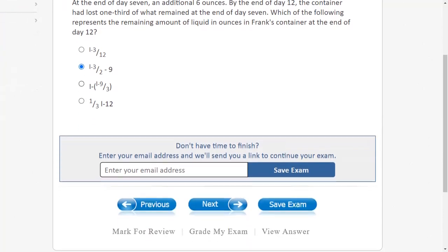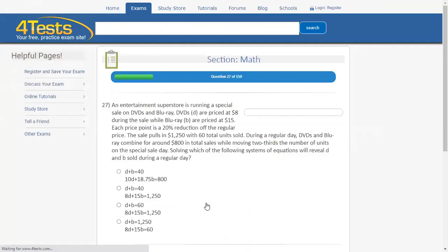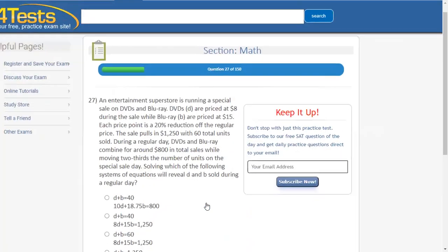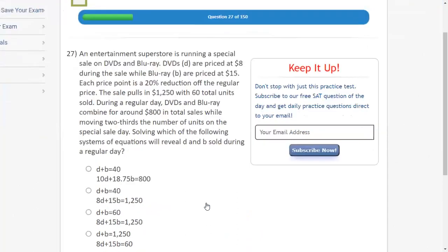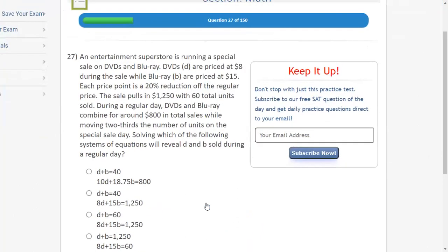So for more to go, then we'll talk about all these questions, the solution especially. All right. An entertainment superstore is running a special sale on DVDs and Blu-rays. DVDs are priced at $8 during each sale, while Blu-ray is priced at $15.